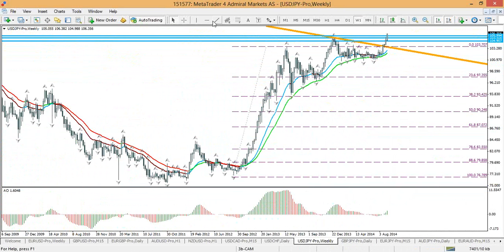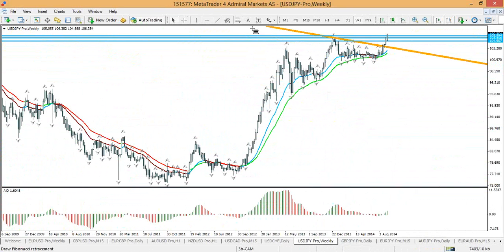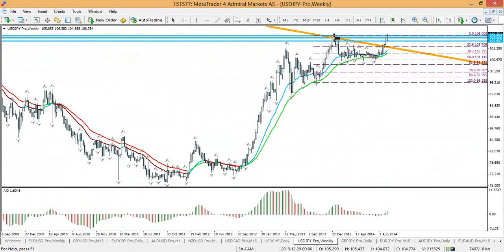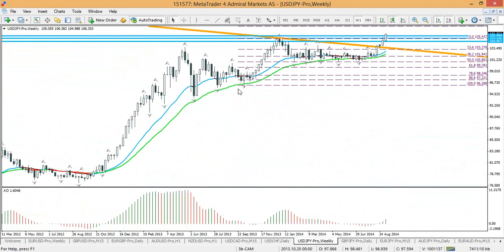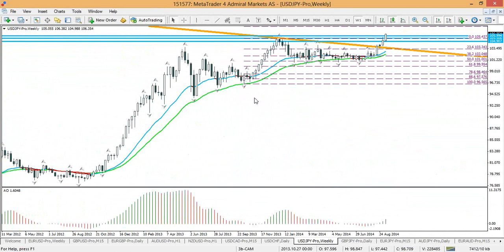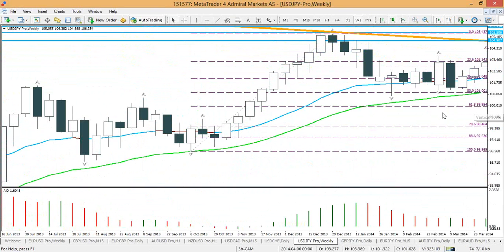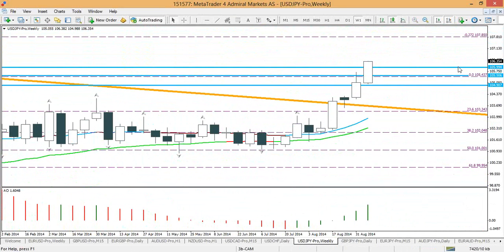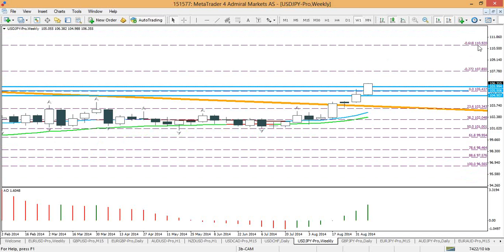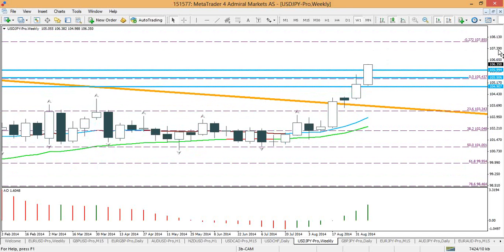One of them you want to be aware of is by putting a fib from here to here. And you see 107.85 is the minus 272 target, and 110.92 is the minus 618 target.